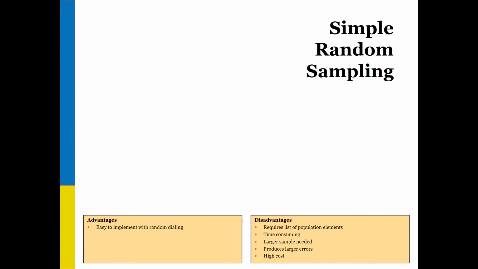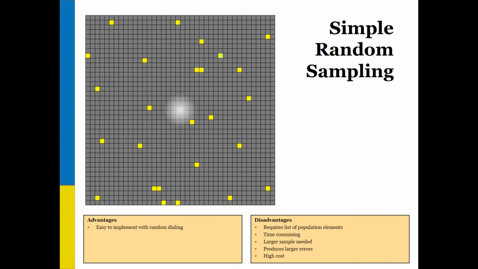Okay, so for simple random sampling, this is where each population element has an equal chance of being selected as a sample element. So if we look at this grid of colours here, if we think of the whole grey area, or every single box as the population, the yellow items are the items that we are going to add to our sample.